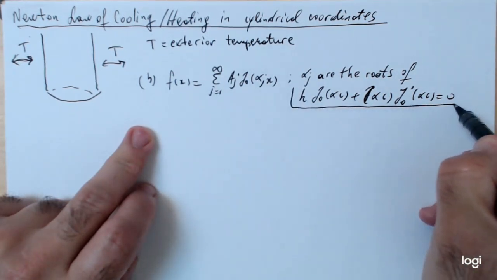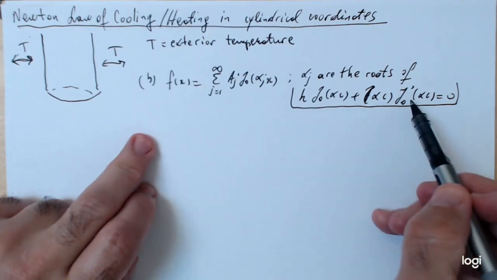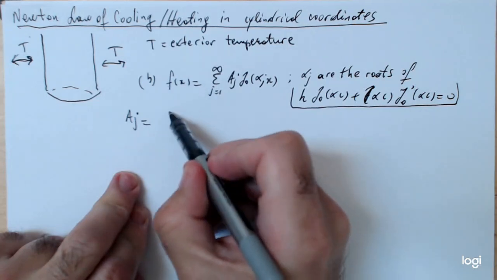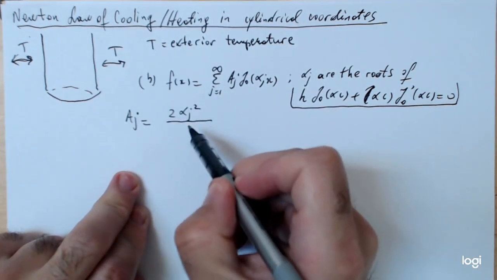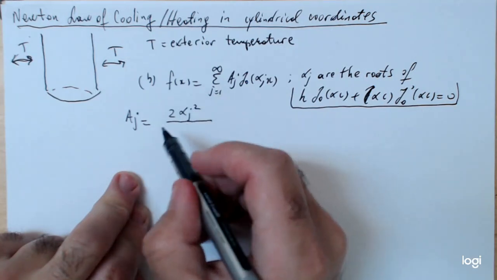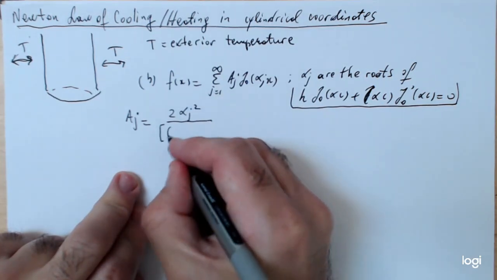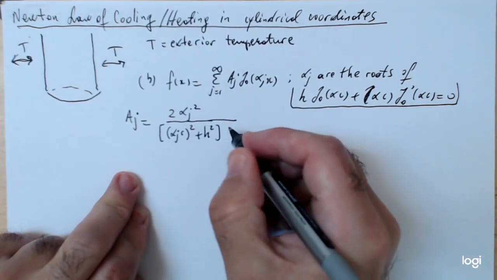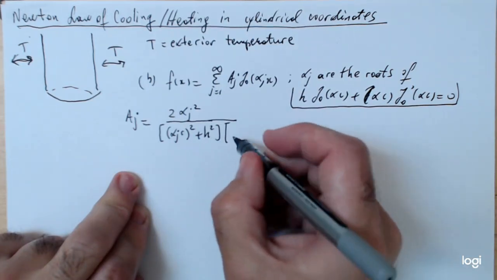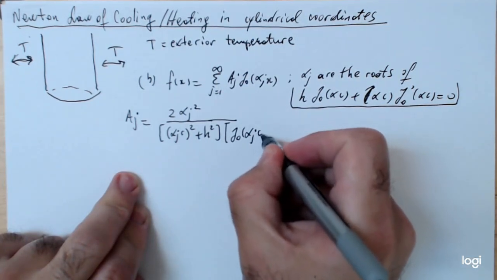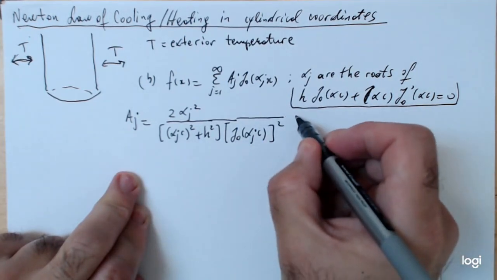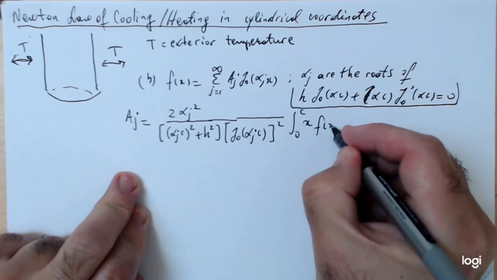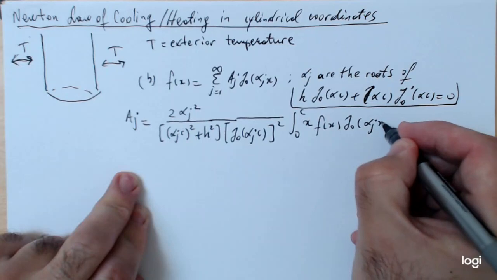This is a mixed type of boundary condition because it contains both J0 and J0 prime. Then the Fourier coefficients a_j are given by this more complicated format: a large constant on the outside, 2 alpha j squared over alpha j c squared plus h squared, times J0 of alpha j c quantity squared, and then everything times the integral from 0 to c of x f of x J0 of alpha j x dx.